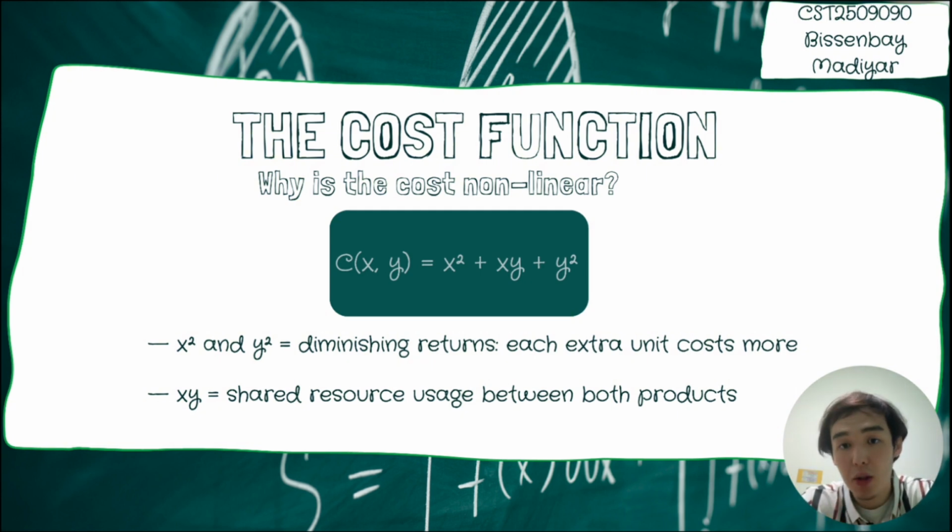This is called diminishing returns, captured by the squared terms x squared and y squared. The cross term xy captures the fact that producing both products at the same time shares and competes for the same resources, which drives up costs. This is a much more realistic model than a simple straight line.